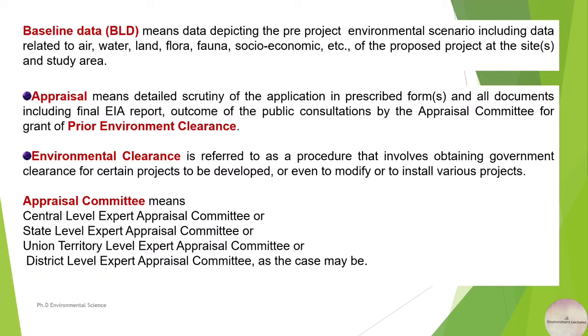Now, what is this environment clearance? So, it is a process where a project needs to get approval from the government before it can start. It applies to new projects as well as changes to the existing projects to ensure that they meet environmental regulations.